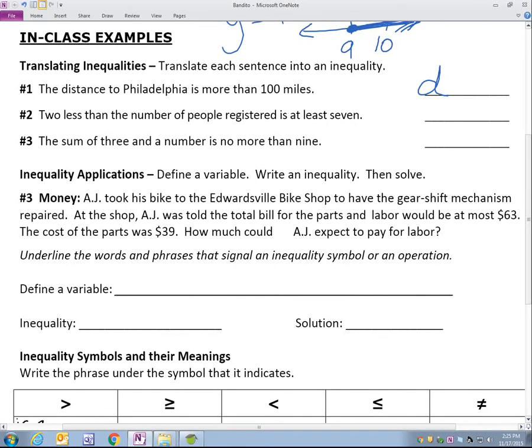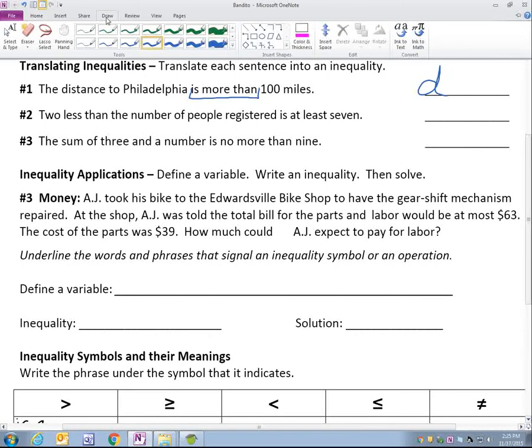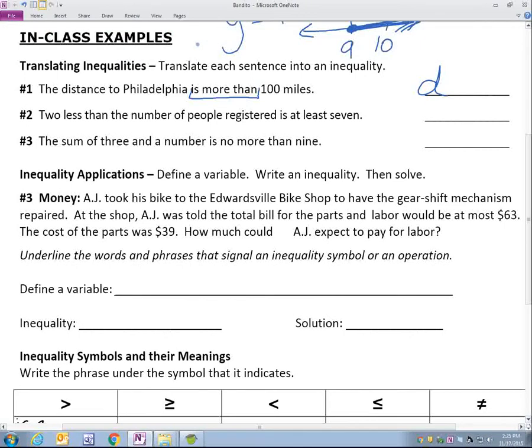D is more than 100 miles. So how would we have an inequality that represents is more than? Well, go ahead. What do you think? Greater than.